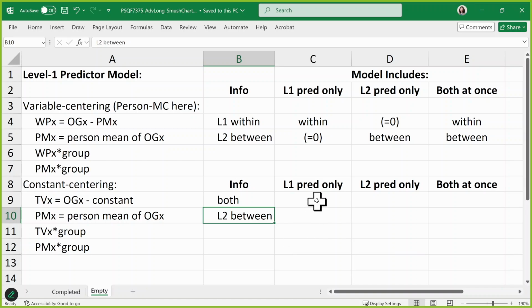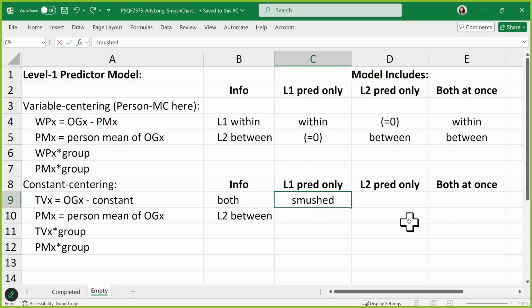Now let's talk about what happens when they go in the model. If I put in time-varying x by itself, do I get within, between, contextual, or smushed? I think that was an S. I'll also accept this. That's the smushed effect.